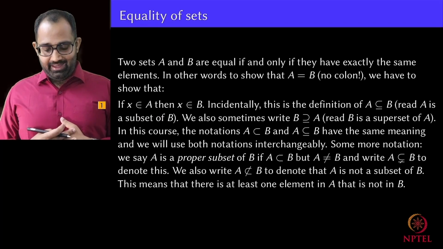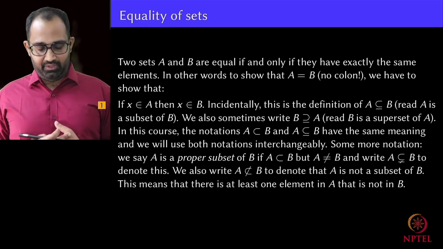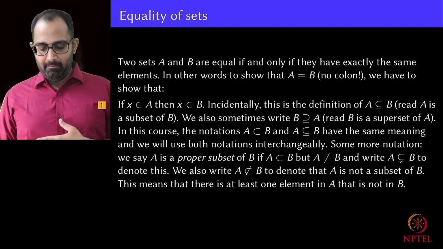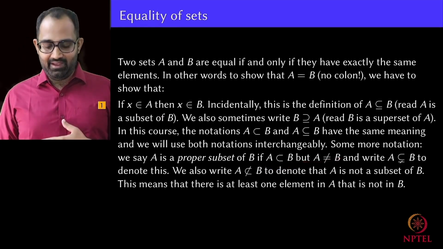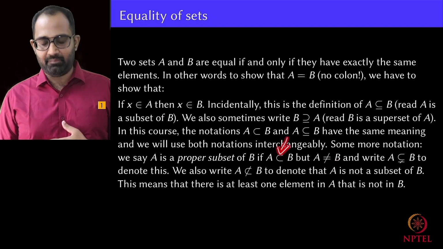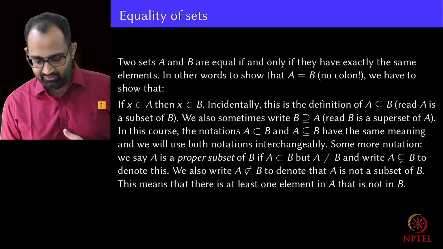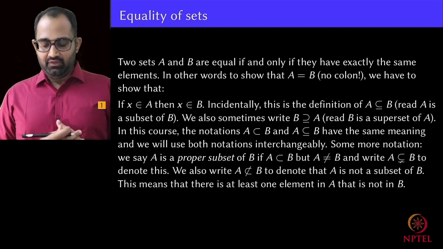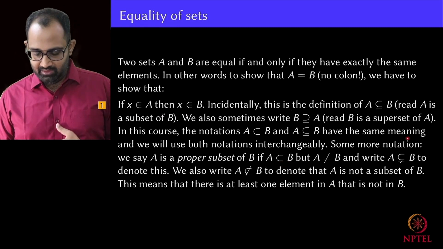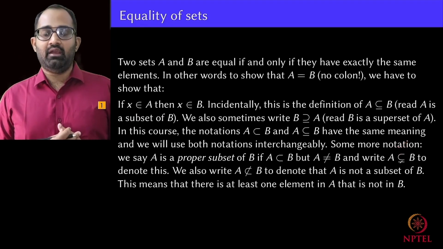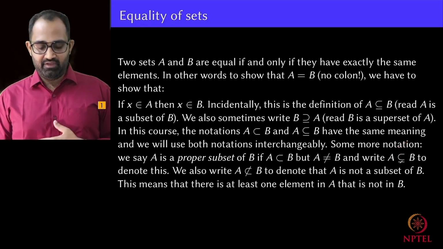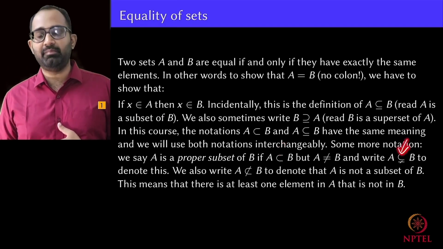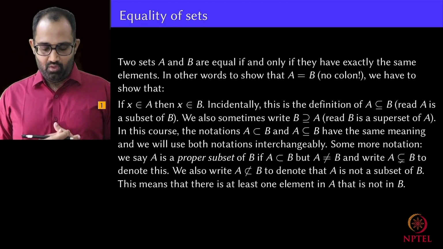We say A is a proper subset of B if A is a subset of B, but A is not equal to B. I have intentionally written A subset of B with the notation where there is no line here. To denote proper subset, in this course, we will use this symbol. This is sort of universal. Authors might disagree whether the other symbol is proper subset or just subset, but everyone agrees that this means proper subset. Okay.